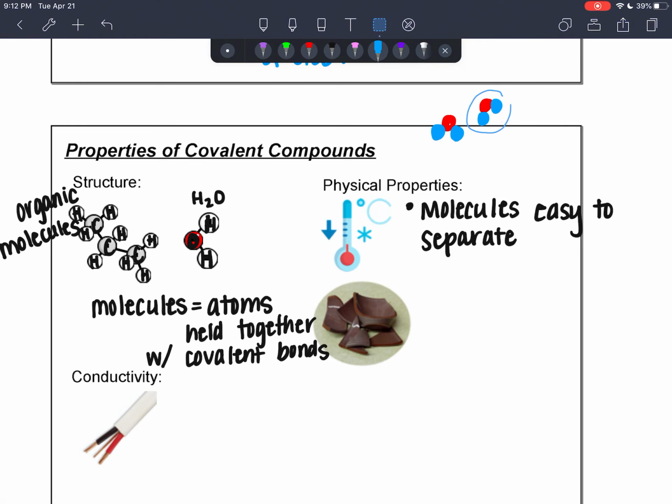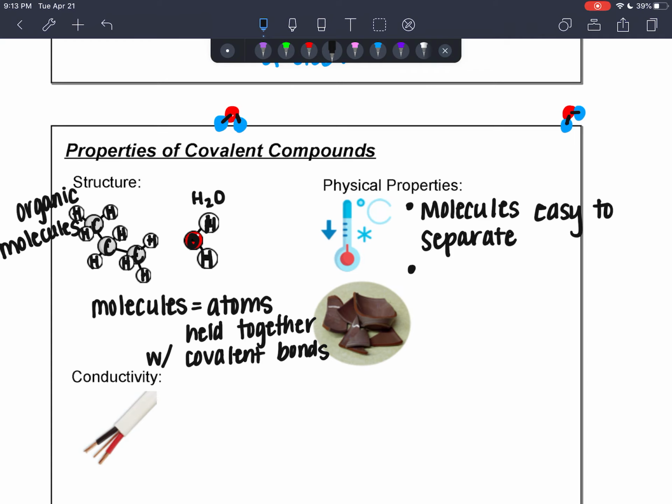It would not take a lot of energy for me to take this water molecule and move it all the way over here so that now my water is in the liquid phase. And it wouldn't take that much energy for me to take this water molecule and separate it even further so that now my water is in the gas phase, because there's no bonds holding one molecule together with another molecule. Your covalent bonds are between the atoms inside of the molecule.